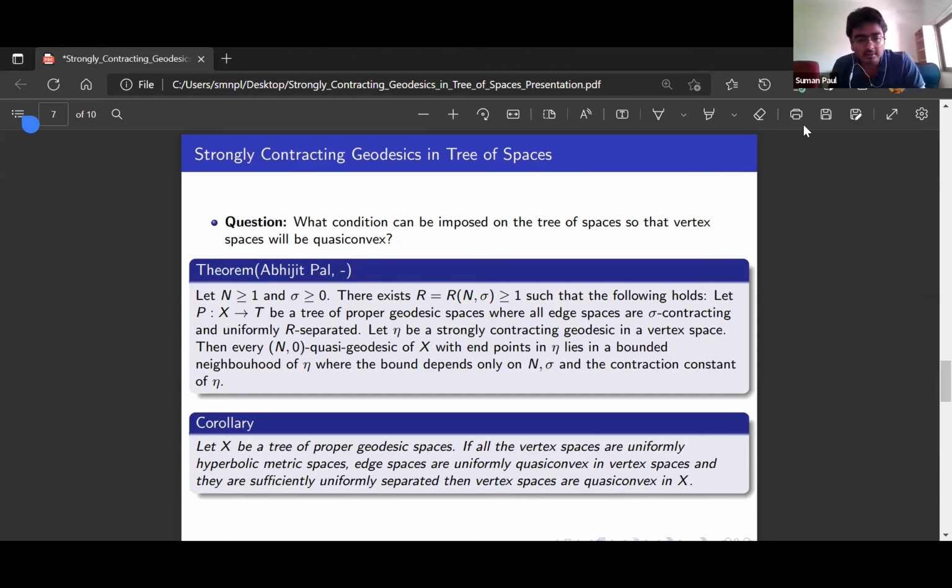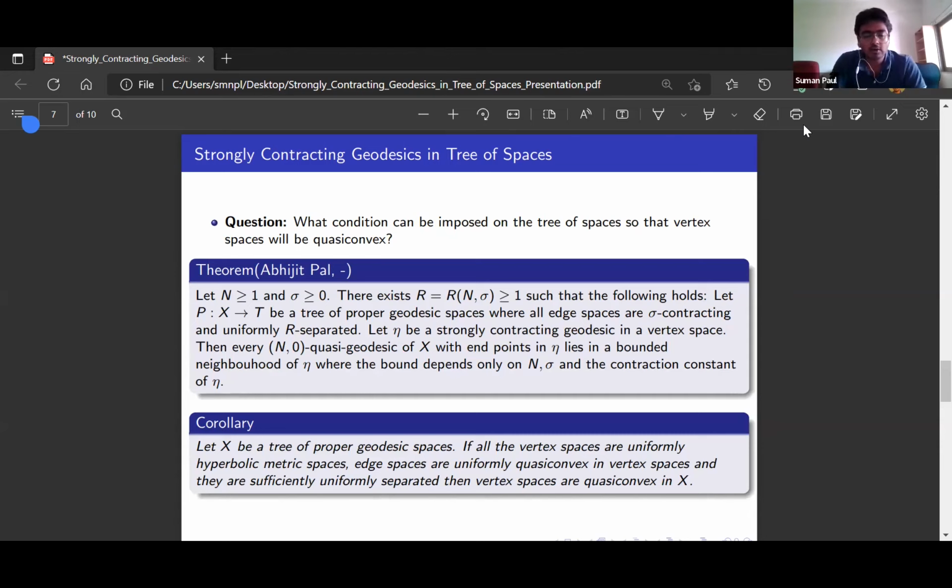So the theorem is as follows. This is a tree of spaces, the map X going to T, where all the edge spaces are sigma strongly contracting and uniformly R-separated. So basically we take these edge spaces to be separated by some uniform bound R. Then we prove that any strongly contracting geodesic in the vertex space will be quasi-convex.